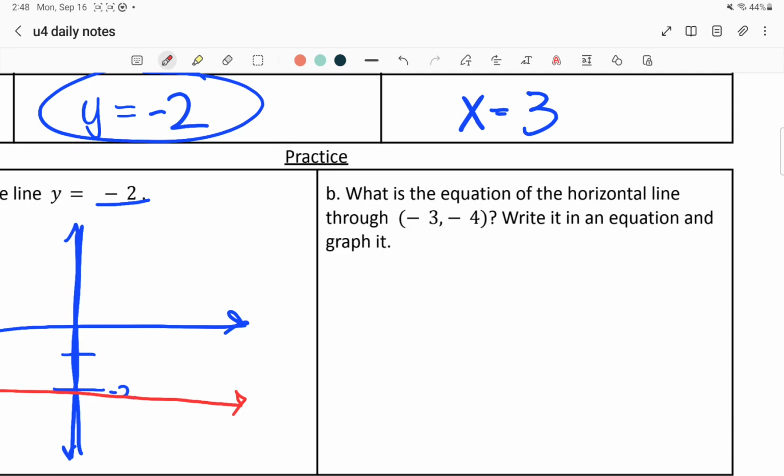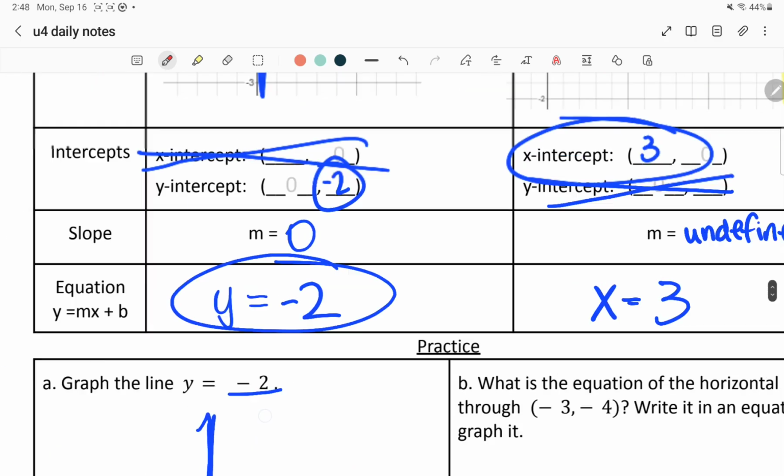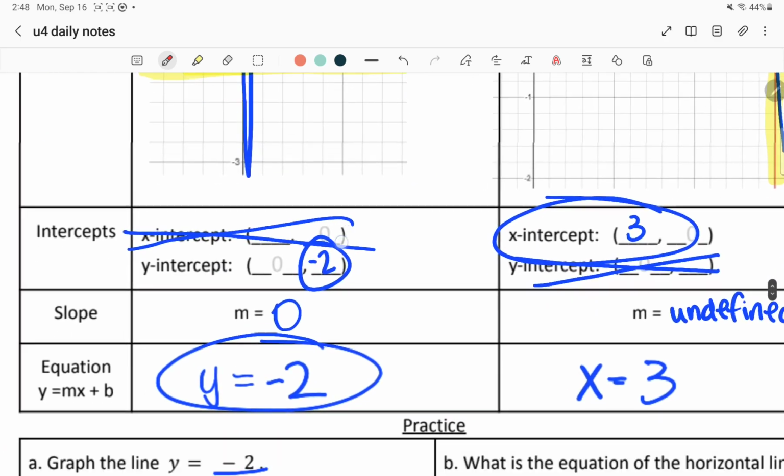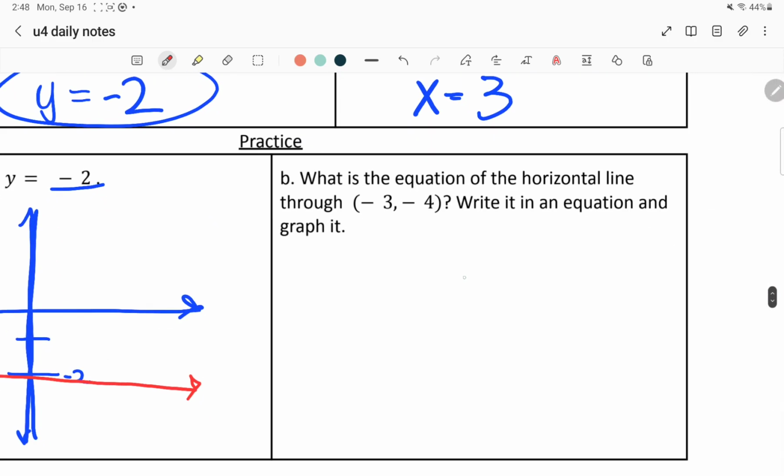Okay? These are the trickier ones because we have to think about it for a little bit longer. Okay? What is the equation of a horizontal line through -3, -4? So remember, again, horizontal line is your y equals. Okay? So write it in an equation and graph it.